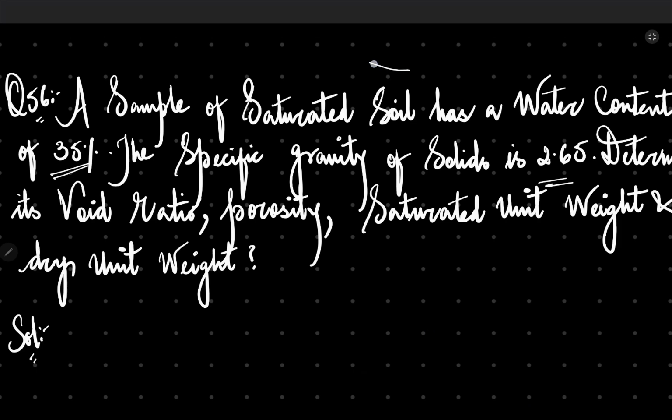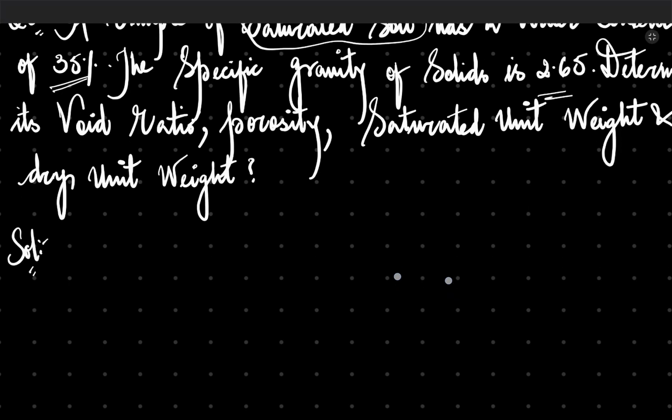You have to read questions very carefully, as already discussed. A sample of saturated soil has a water content of 35% and the specific gravity of soil solids is 2.65. We have to determine its void ratio, porosity, saturated unit weight, and also the dry unit weight.